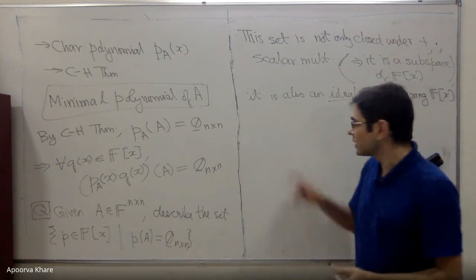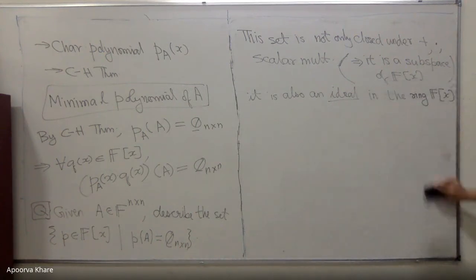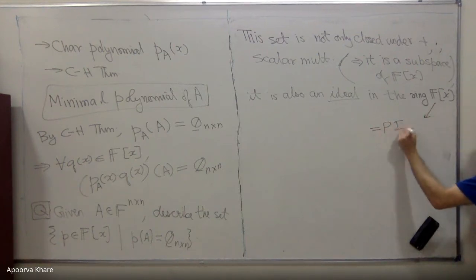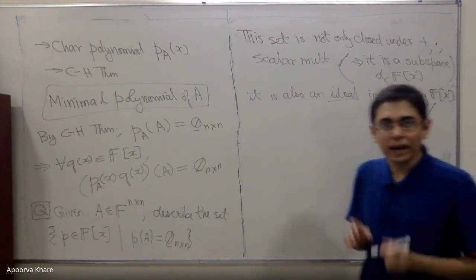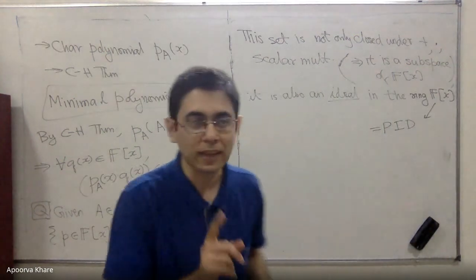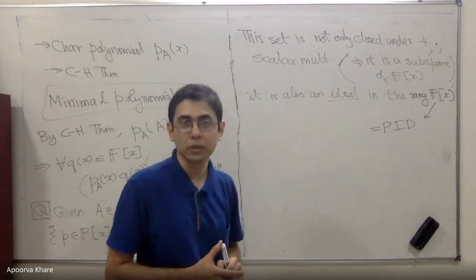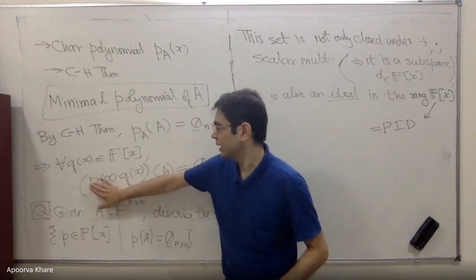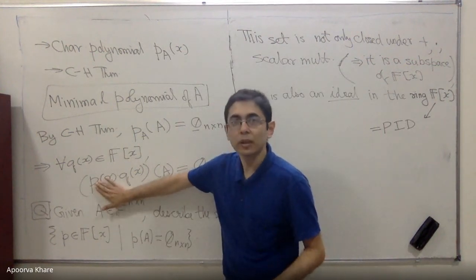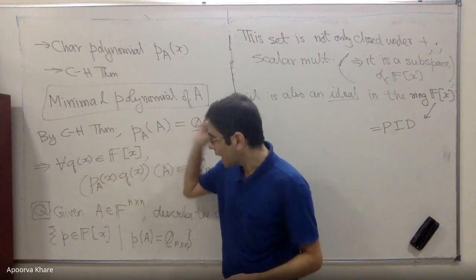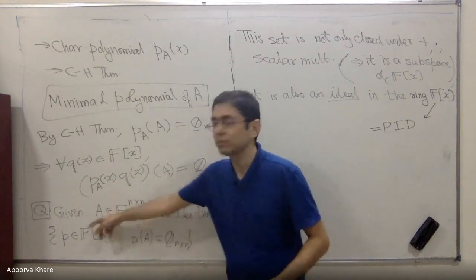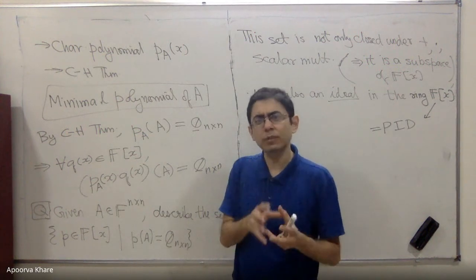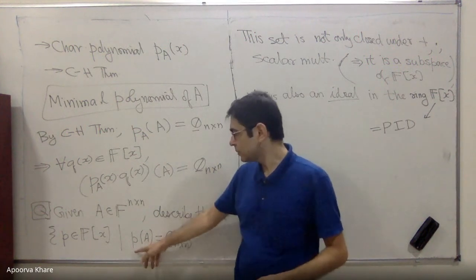But the point is, this ring is something called a principal ideal domain. And that means that every ideal is generated by one thing. Every ideal is principal. It is generated by one element. Meaning there is some polynomial, not p_A, but some other polynomial, I'll call it p_min(x), such that every polynomial in this set is divisible by p_min. So there's one polynomial of smallest possible degree such that p_min(A) is 0.